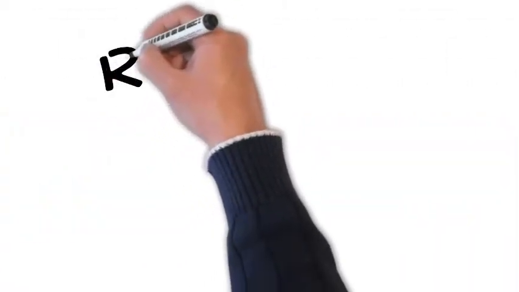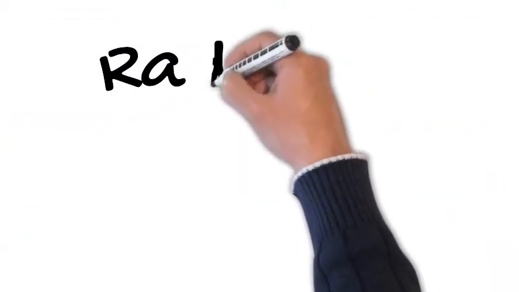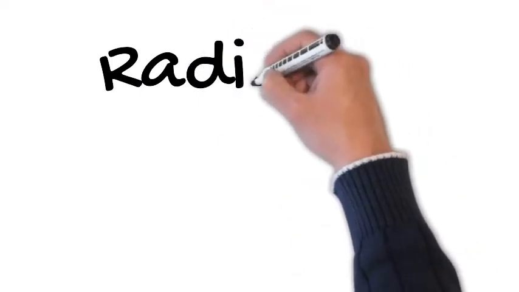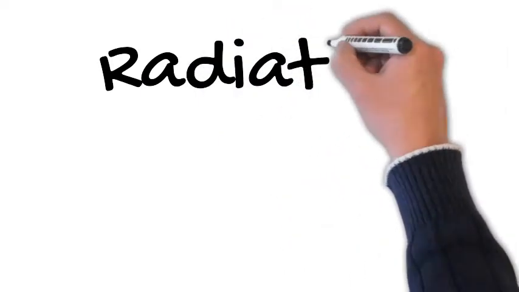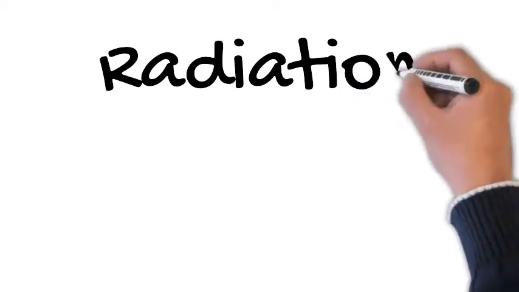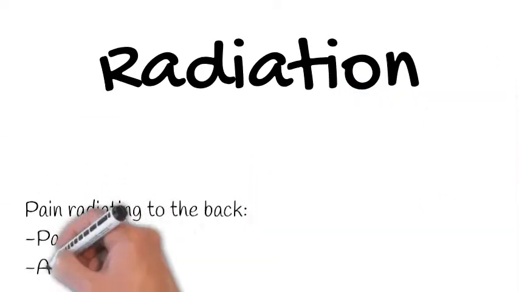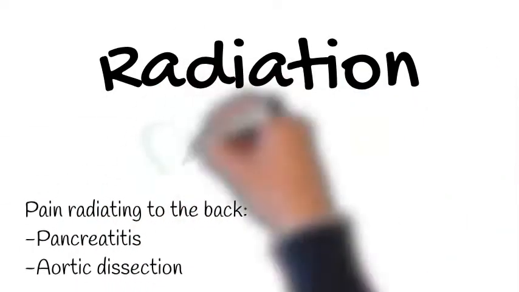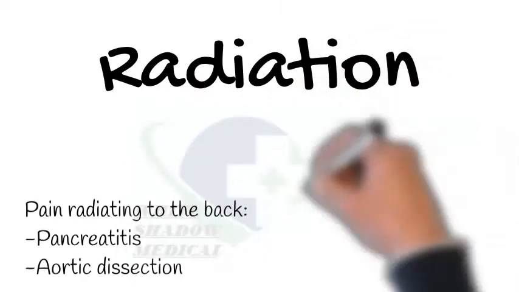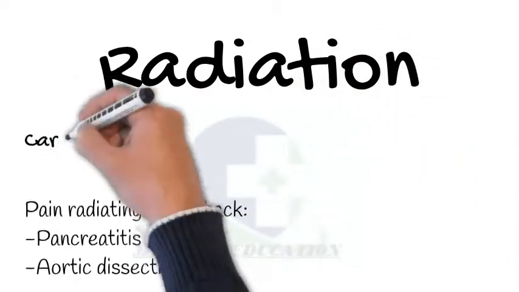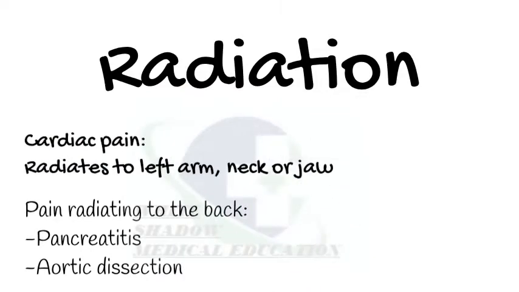Next, ask about radiation. Does this pain go anywhere else? If the answer is yes, then ask where it goes. Cardiac pain has typical radiation to the left arm, neck, or jaw, and pain radiating to the back may be due to pancreatitis or aortic dissection.